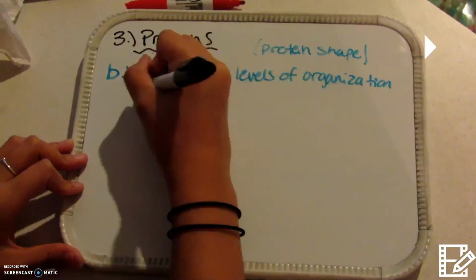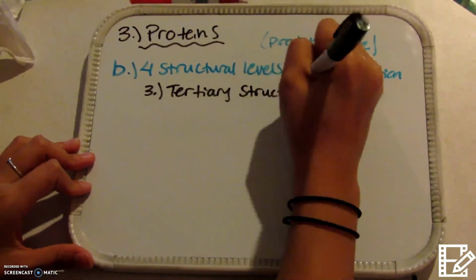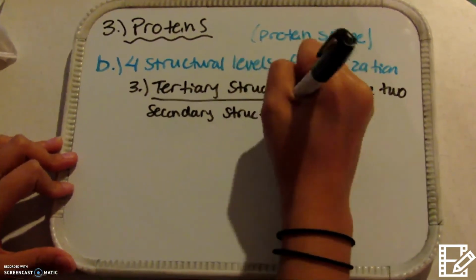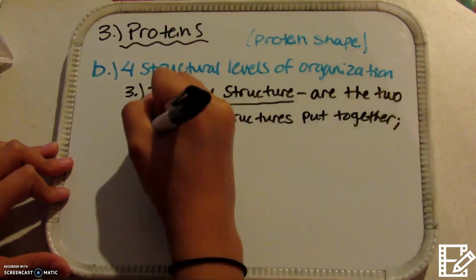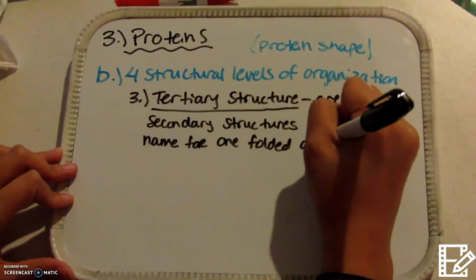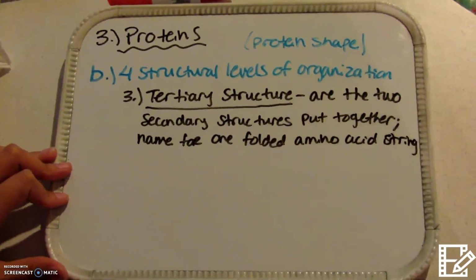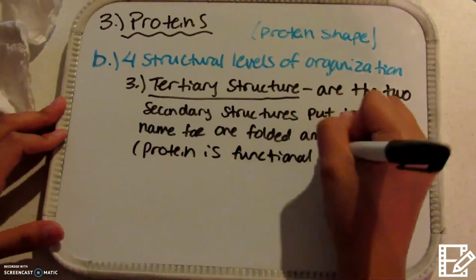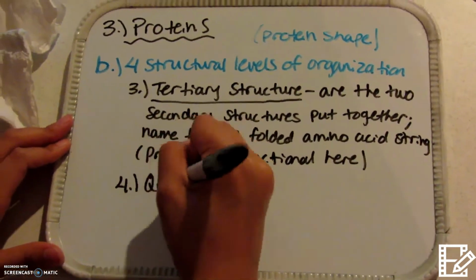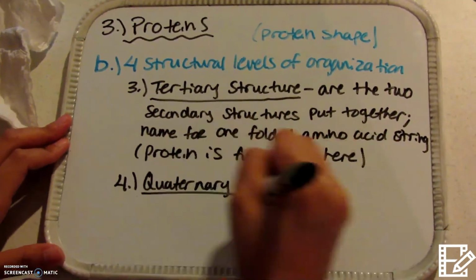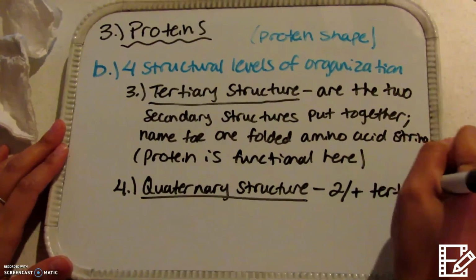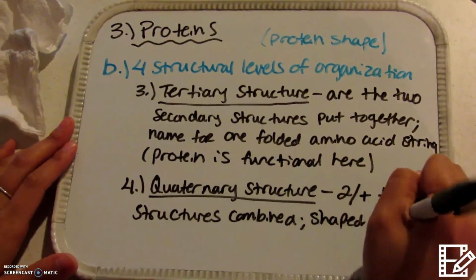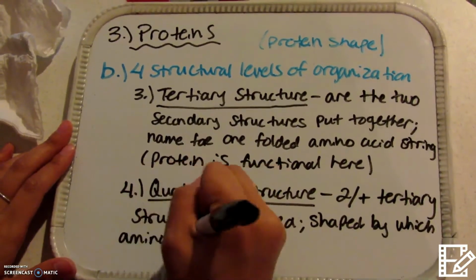Tertiary structure is the secondary structures put together, named for one folded amino acid string. Next is the quaternary structure, which is the last part. It's made up of two or more tertiary structures combined.